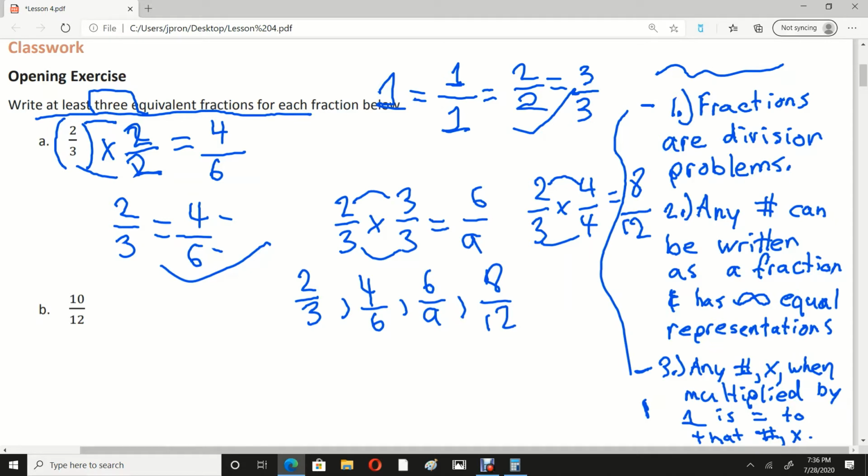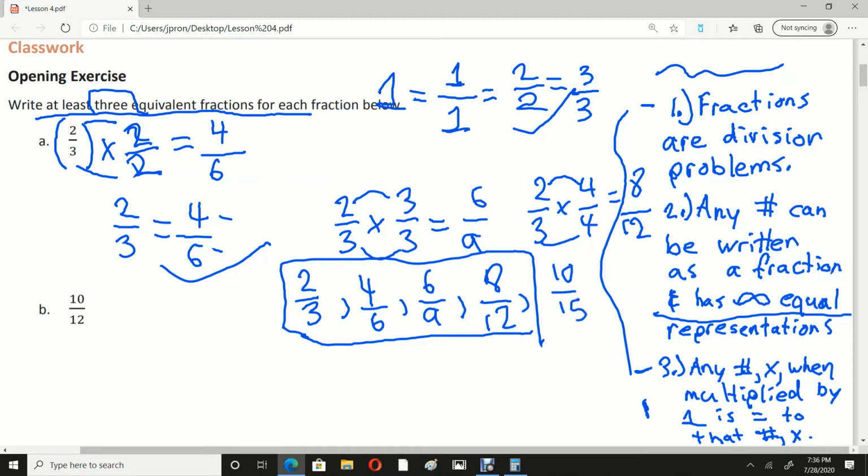And what I said before from rule 2 still applies right here. There are an infinite number of equivalent fractions to 2 over 3. We could continue this process forever and keep finding more equivalent fractions. If we multiplied it by 5 over 5, we would get 10 over 15, which would also be equal to 2/3.